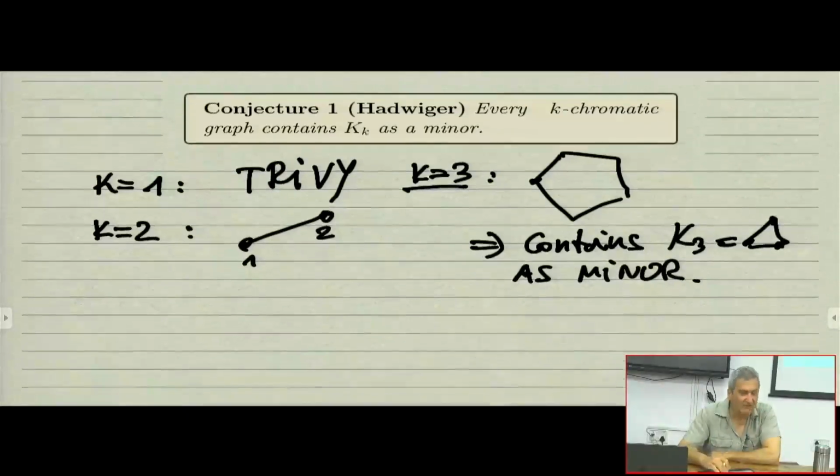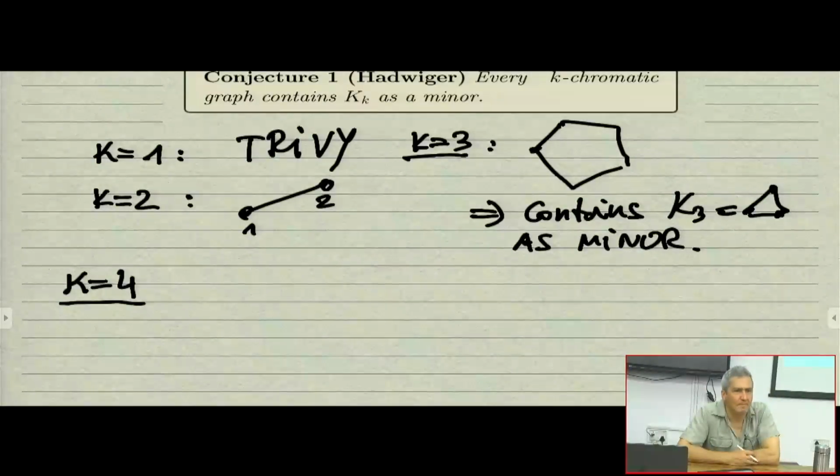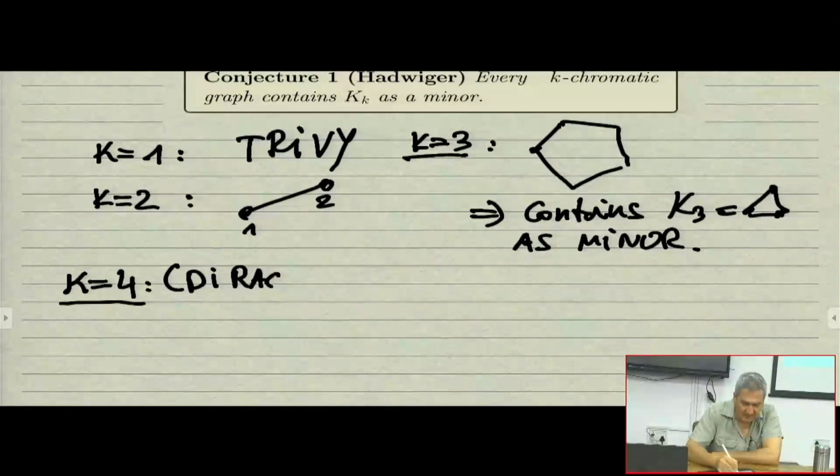Okay, now it's getting to 4. It's getting a little bit harder. This was proven by Dirac. Do you know that this Dirac, whom we study with me, is actually a son of the Nobel Prize physicist Dirac, who discovered the antimatter?